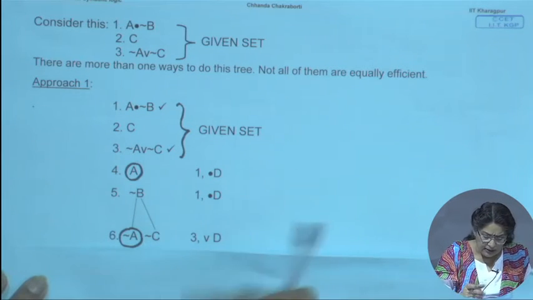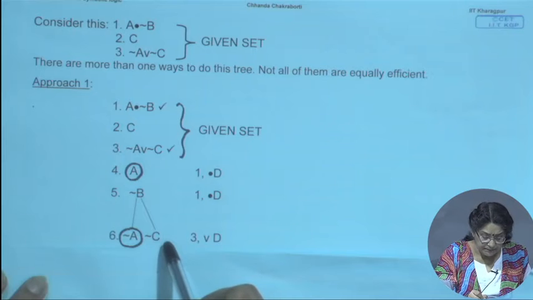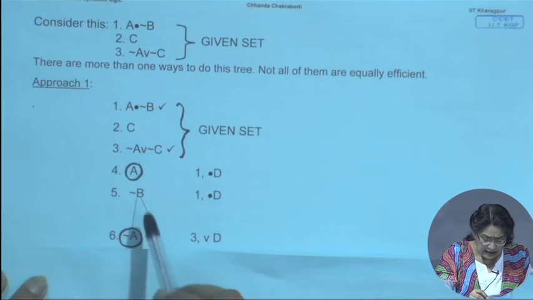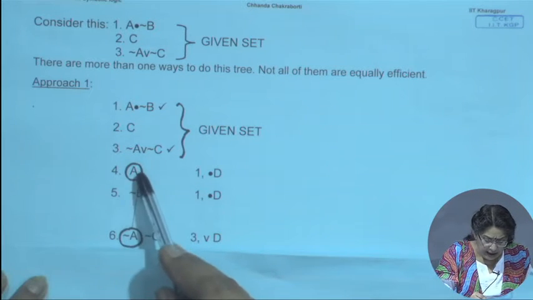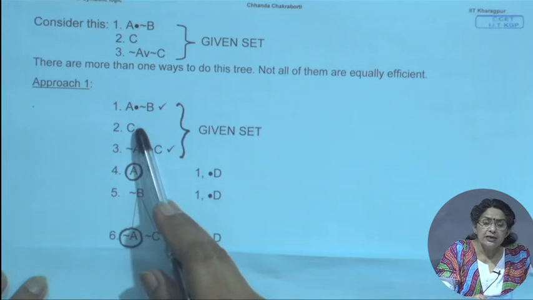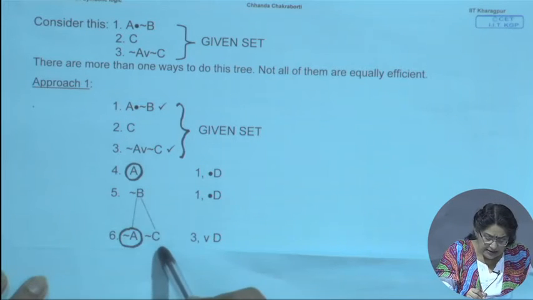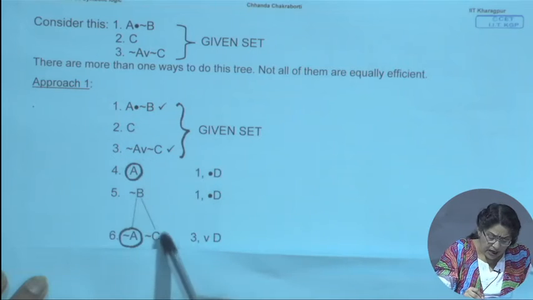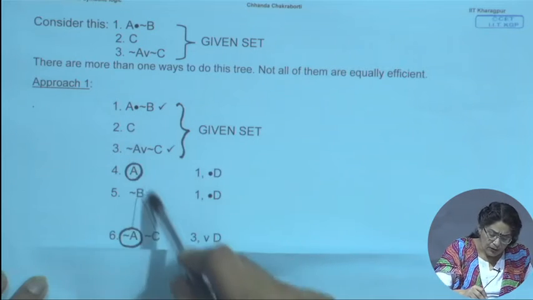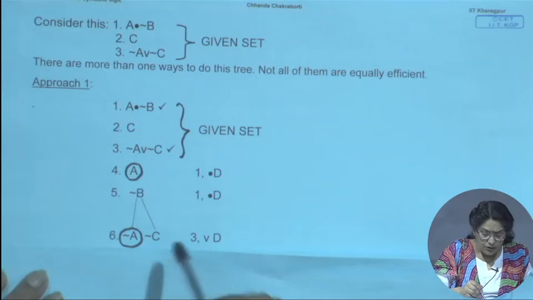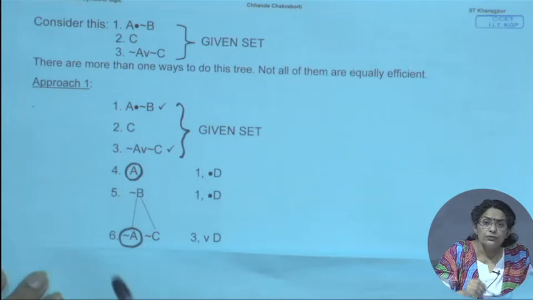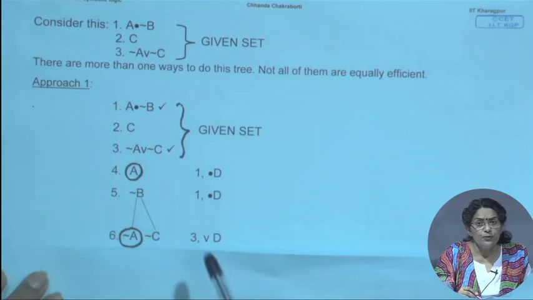Let us take a look at this other branch. Tilde C, tilde B, A, but here is C. So you have tilde C and C. Notice how far you have to go. This is all one branch, so go up to the root to see whether it is open or closed.